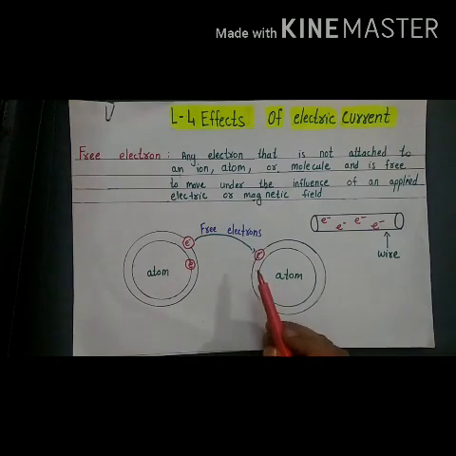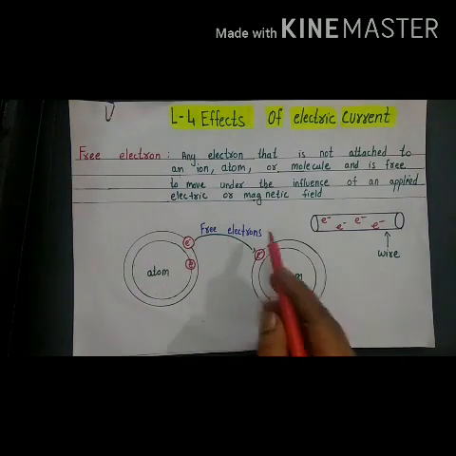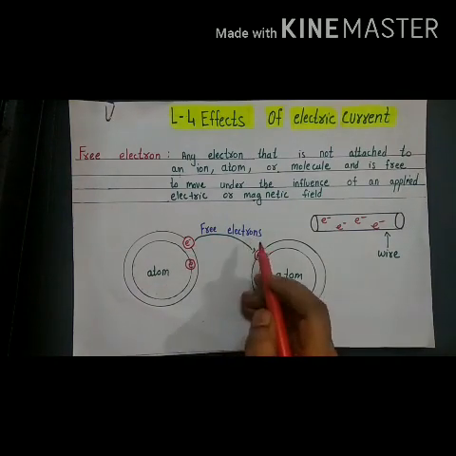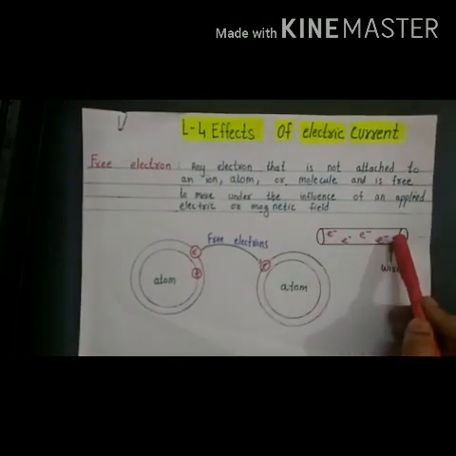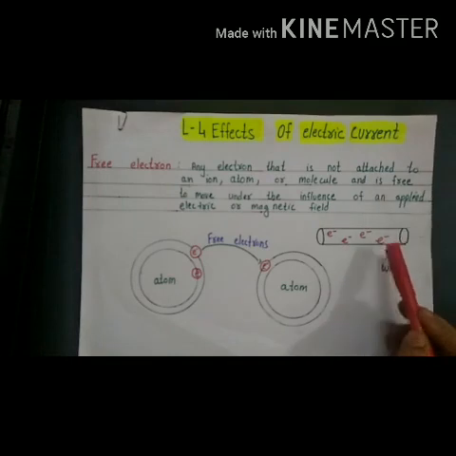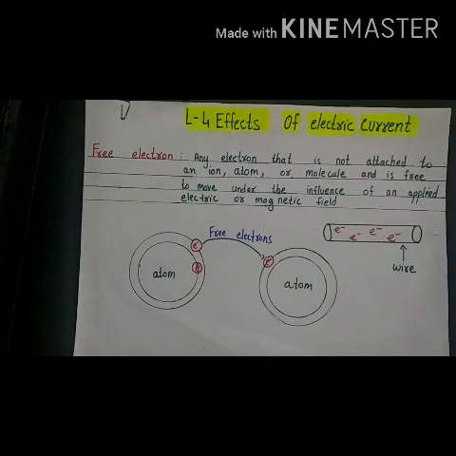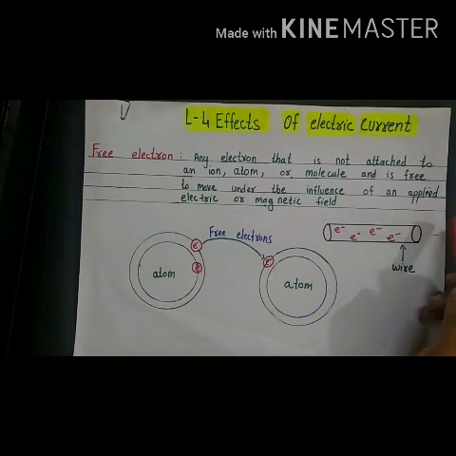And you can say that an electron which can jump from the orbit of one atom to the orbit of another atom is called a free electron. A conductor consists of these free electrons because of which they can make a movement. Wood, plastic do not consist of these free electrons. Therefore, if there is no free electron, then there will be no movement of electrons. If there is no movement, the current will not pass.